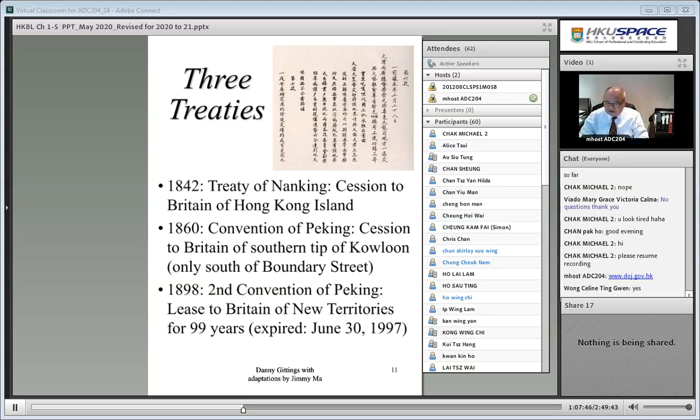But the fact is, the practical effect is that since that date, 1842 and 43, the English common law legal system was introduced into Hong Kong, the part of Hong Kong which was ceded to Britain.